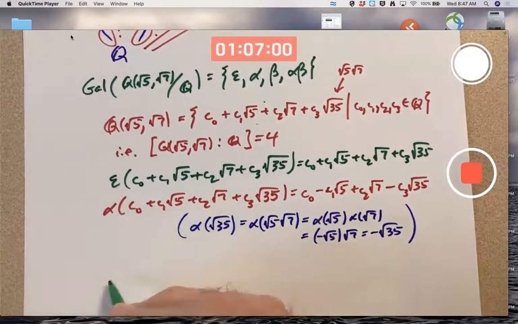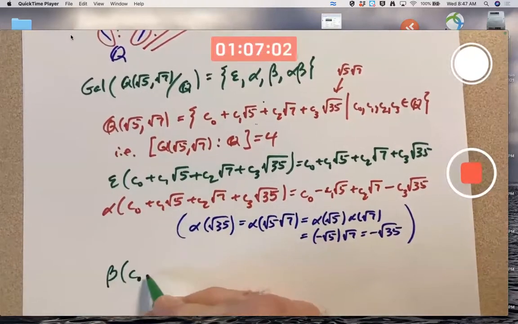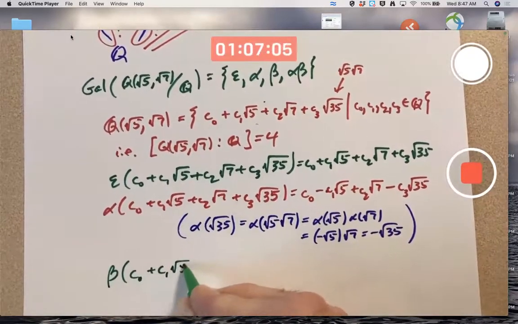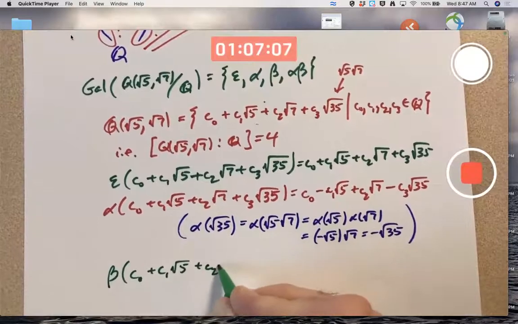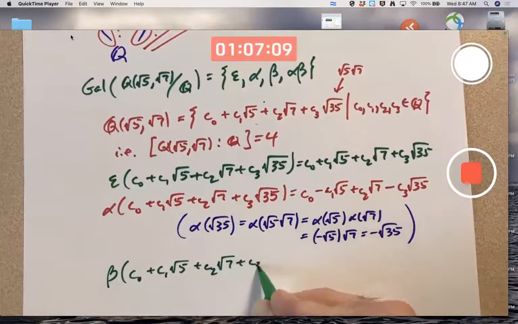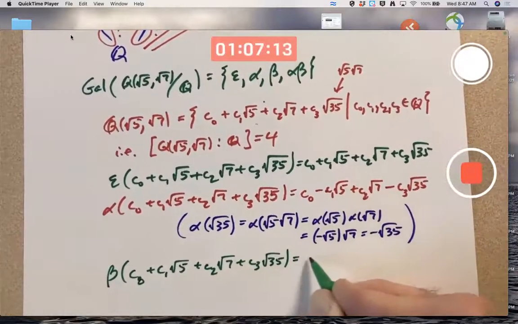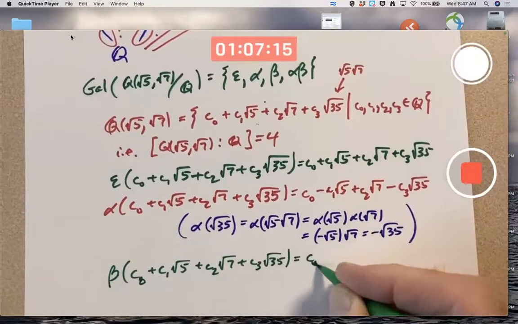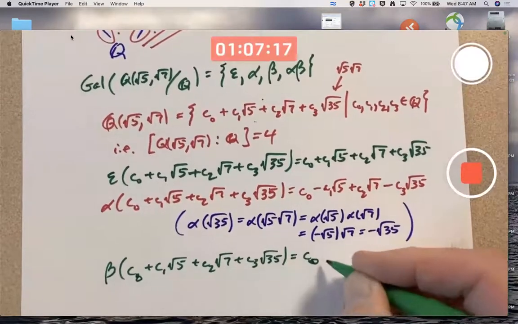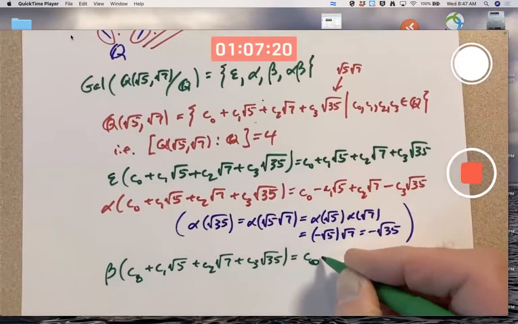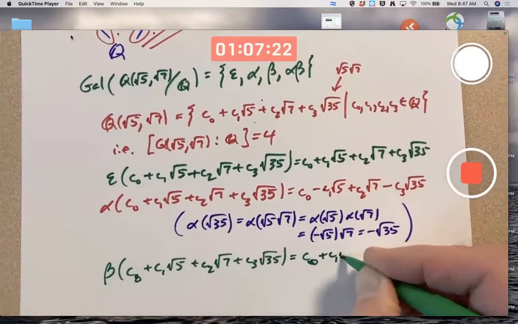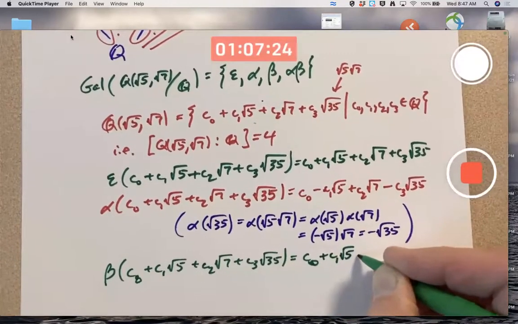Beta can be taken to be a mapping that maps all the rational numbers to themselves. So C0 is always staying C0. Let's say beta maps root 5 to itself, but maps root 7 to negative root 7.